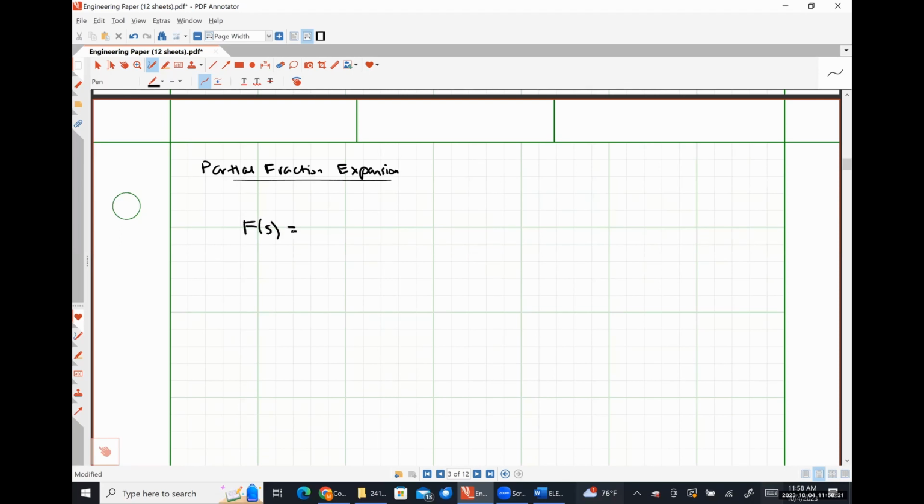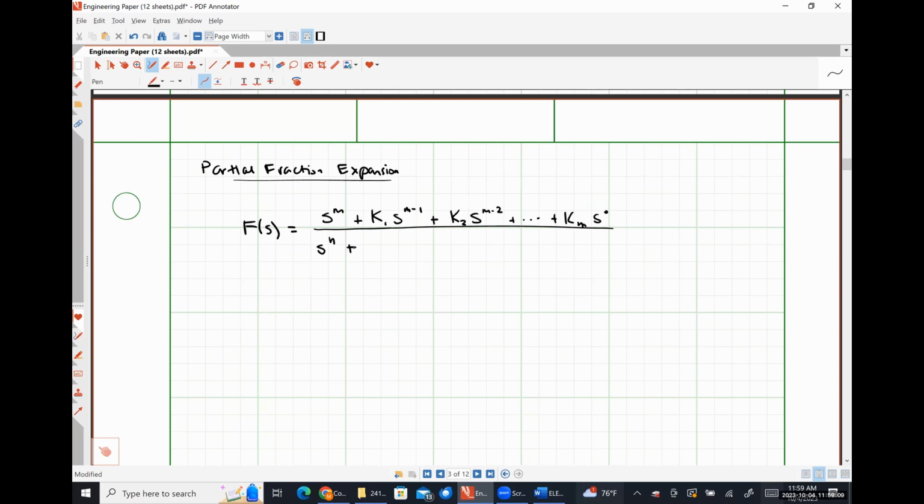In general, f of s could be written of the form s to the m plus some constant value, let's call it k1, s to the m minus 1, plus some other constant value, k2, times s to the m minus 2, plus all the way out to k sub m times s to the 0, where that would literally just mean we have a constant term with no s value at the end, divided by s to the n plus some other constant.